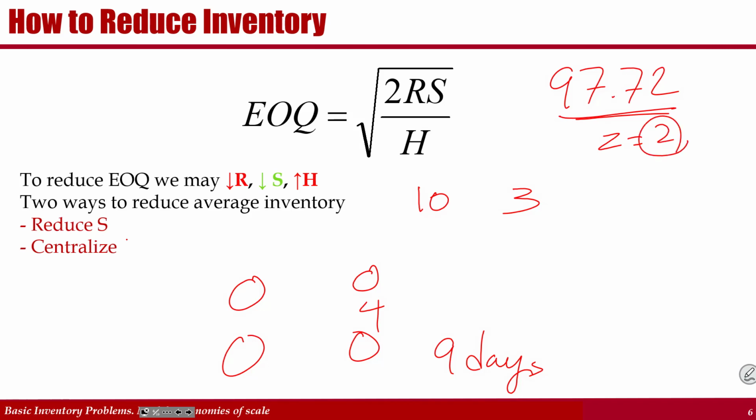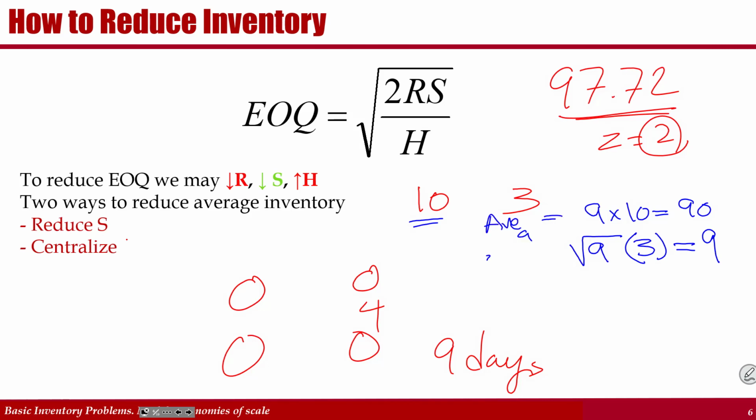Compute safety stock. Demand is 10 per day. We are talking about 9 days, so average demand is 9 times 10 equal to 90. But the standard deviation of demand is the square root of lead time multiplied by the standard deviation of daily demand, which is 3 times square root of 9. For 9 days, this is AVE, and this is STD for 9 days.